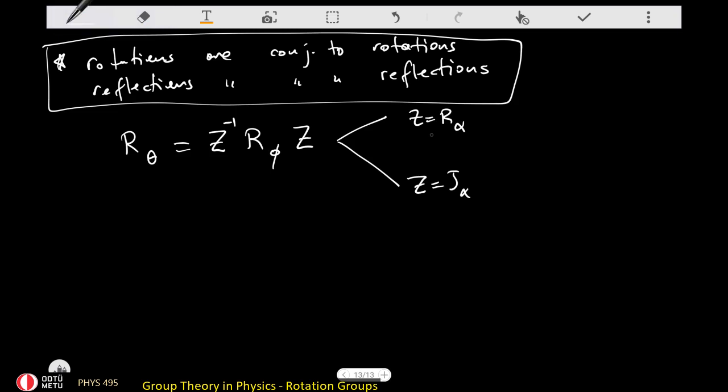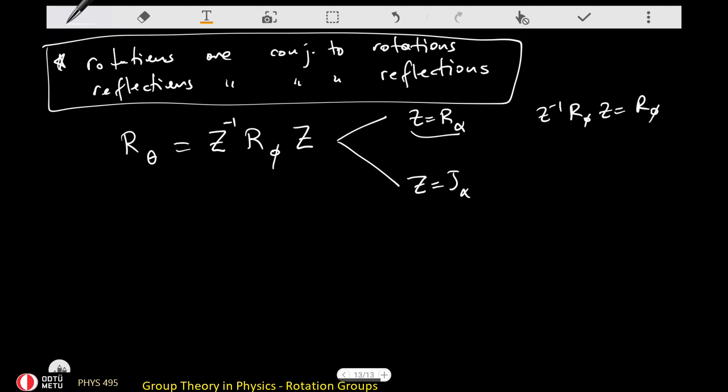If Z is a proper rotation, we know that all the proper rotations commute with each other, which therefore implies that Z inverse R phi Z is equal to R phi.